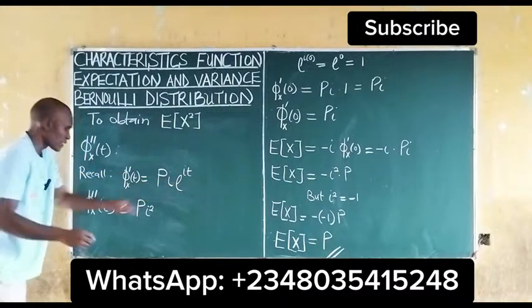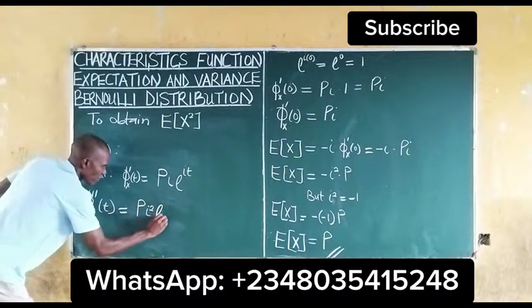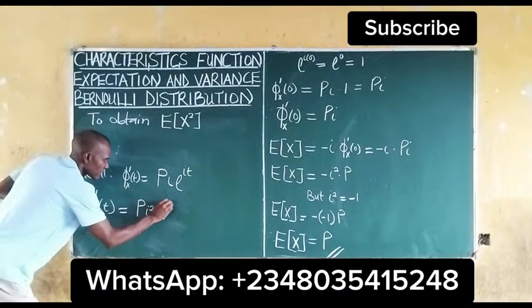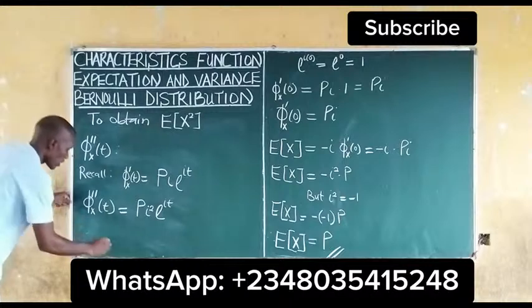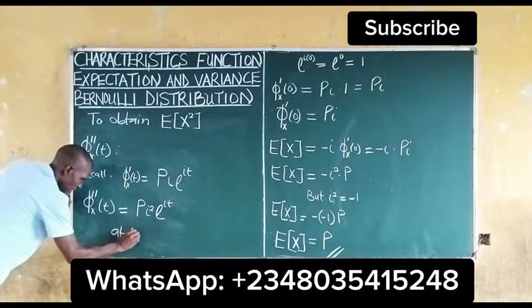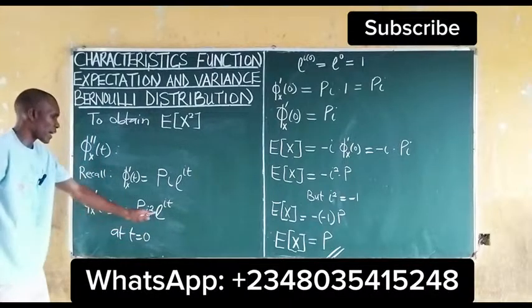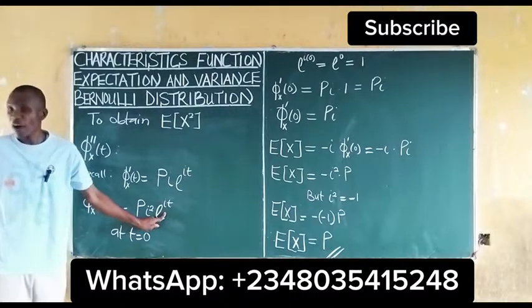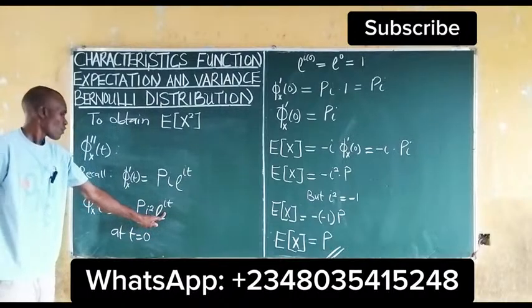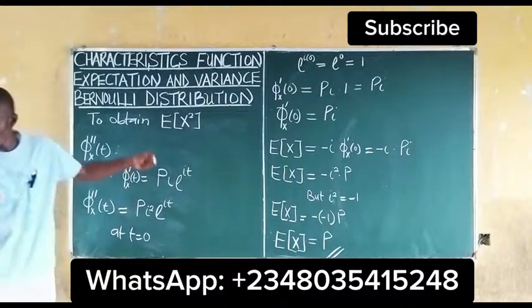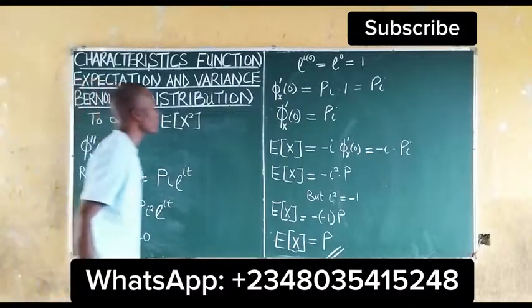So we now have e^(it). The next thing is to say at t equal to 0, so that we can eliminate this function and find our expected value of x squared.